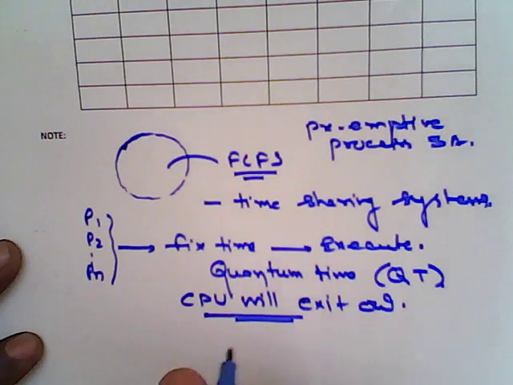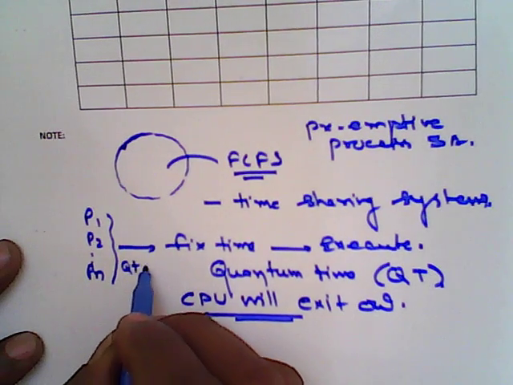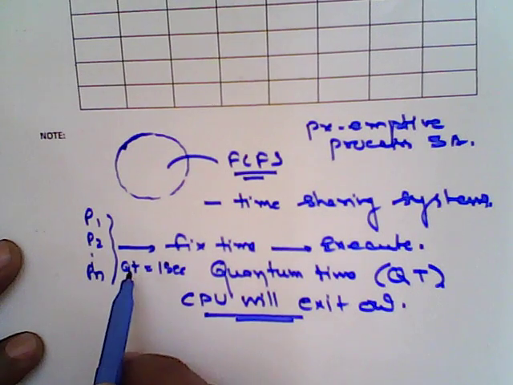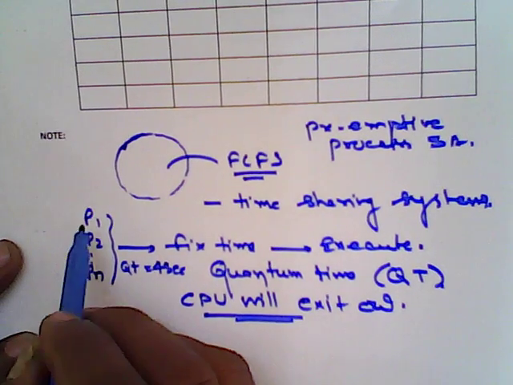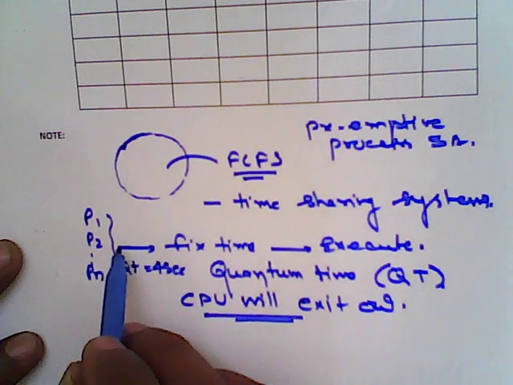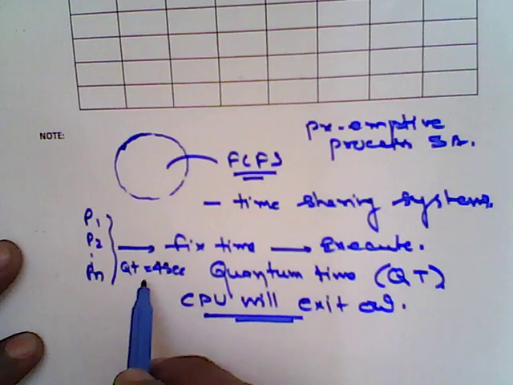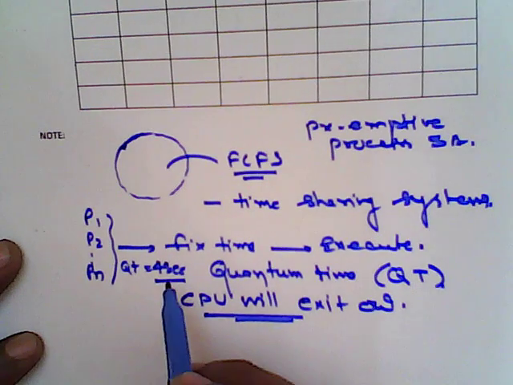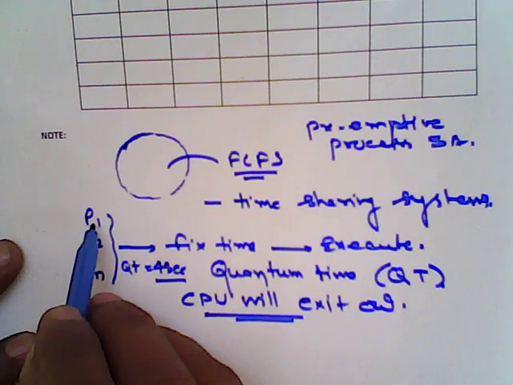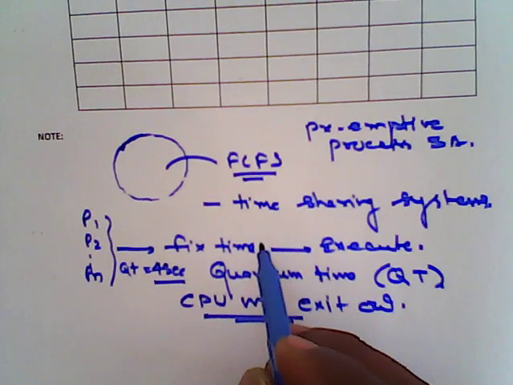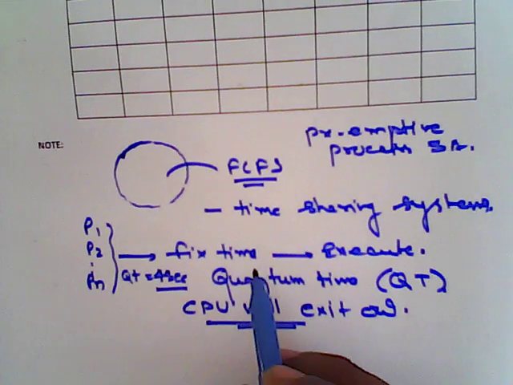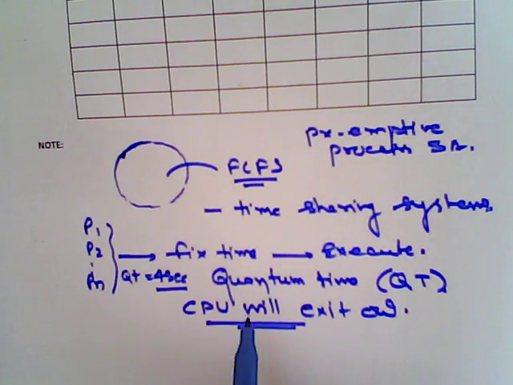Suppose the QT is equal to, say, 1 second, and P1 is, let us take, 4 seconds. When P1 comes to the CPU, it has to be processed within the given time, otherwise the P1 process will exit. That means the CPU cannot execute more than the given time, which is QT.